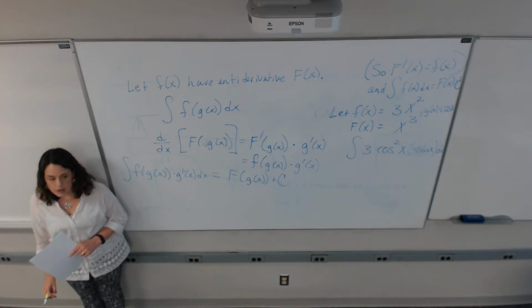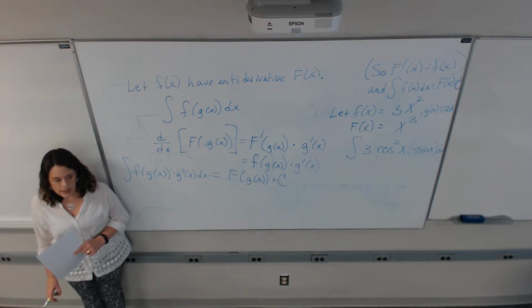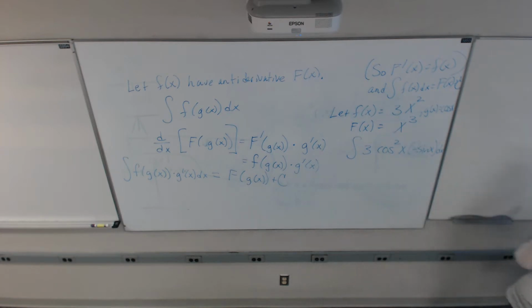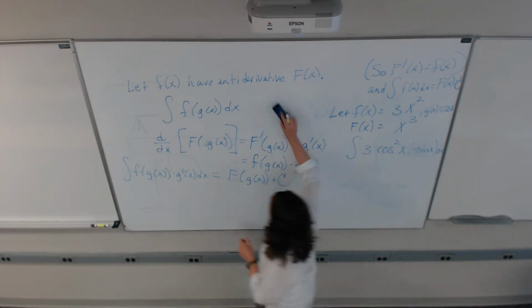All right? Now, where does it get the name substitution or u substitution? What do you suppose I'm going to let g of x become? Let g of x be u.